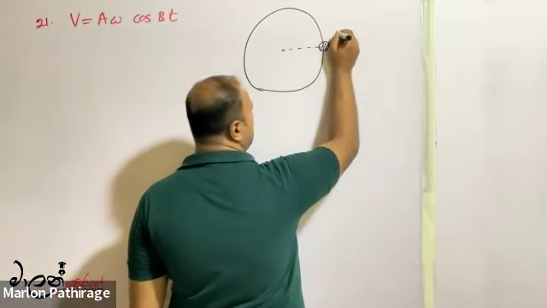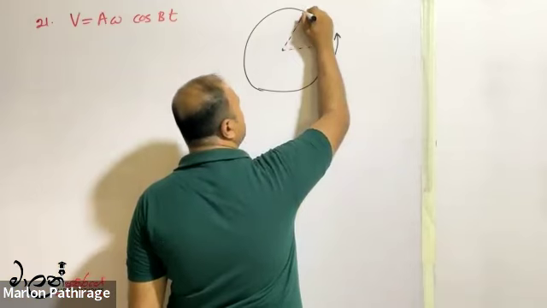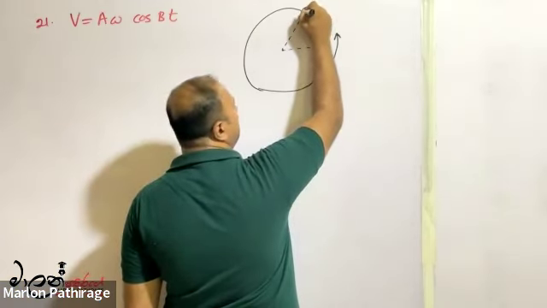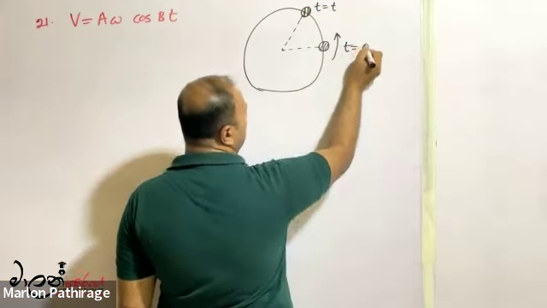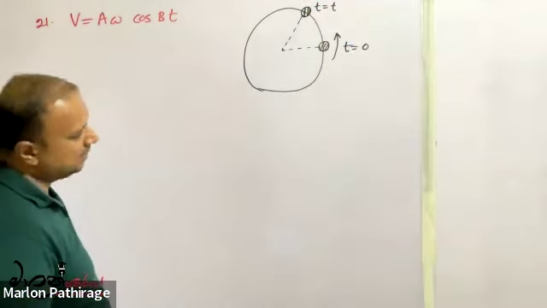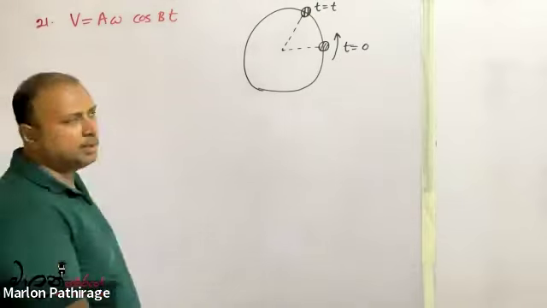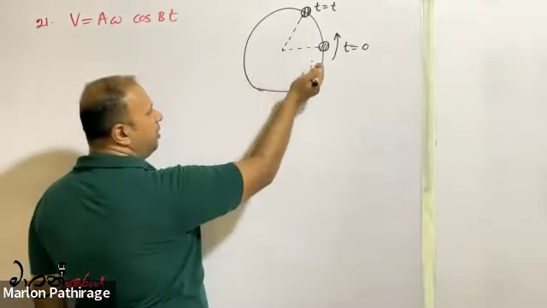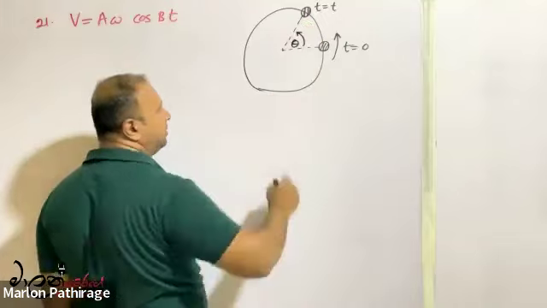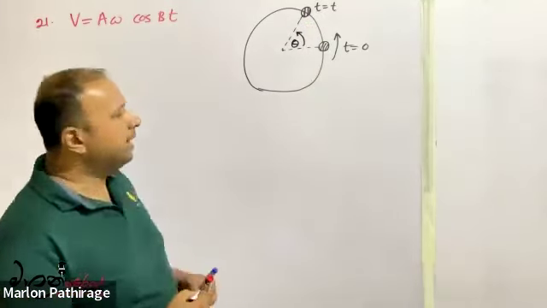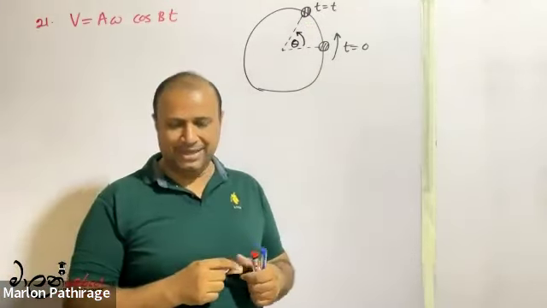Initially, it was at this position. After some time t, it is at this position. Therefore, the amount of rotation can be determined using this angle. We call this angle the angular displacement.